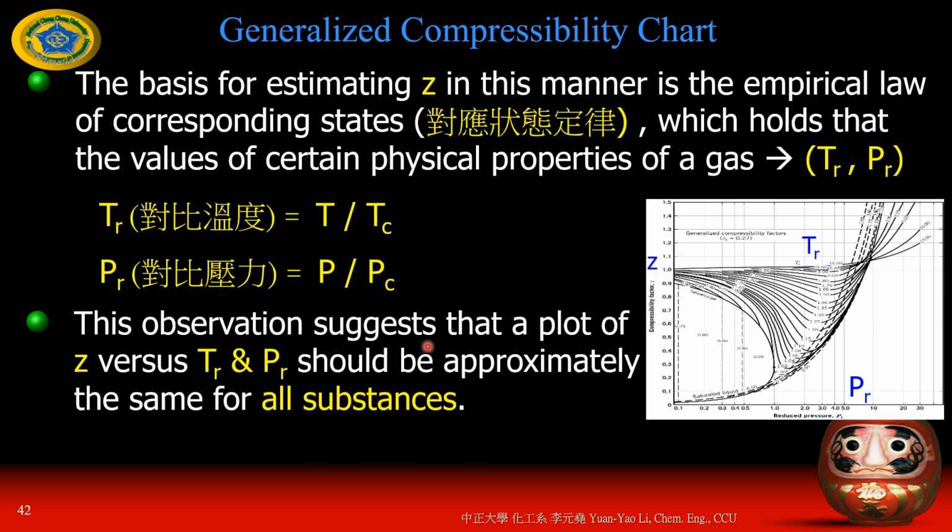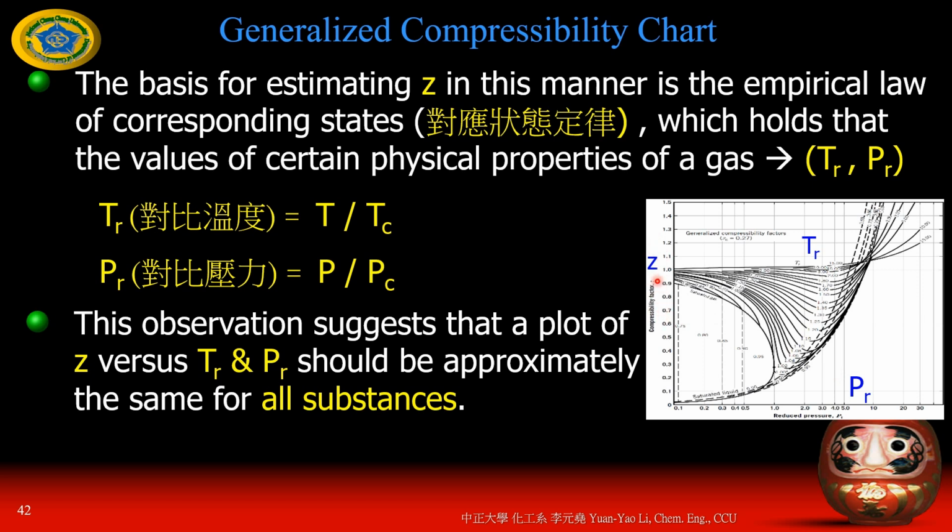This observation suggests that a plot of Z versus TR and PR should be approximately the same for all substances. So the solid lines represent TR, the x-axis represents PR, and Z is here. Once you get a number for TR and PR, you can refer to Z here.